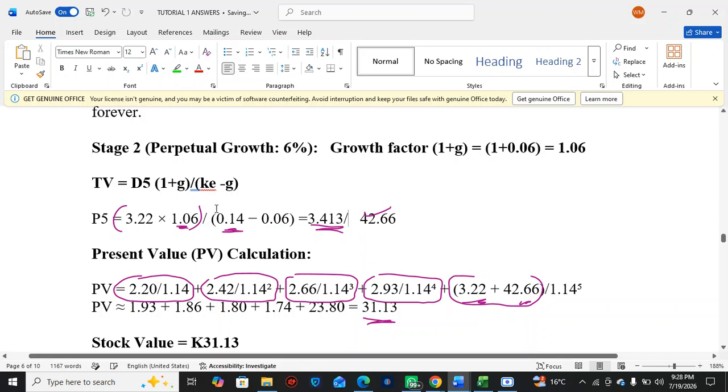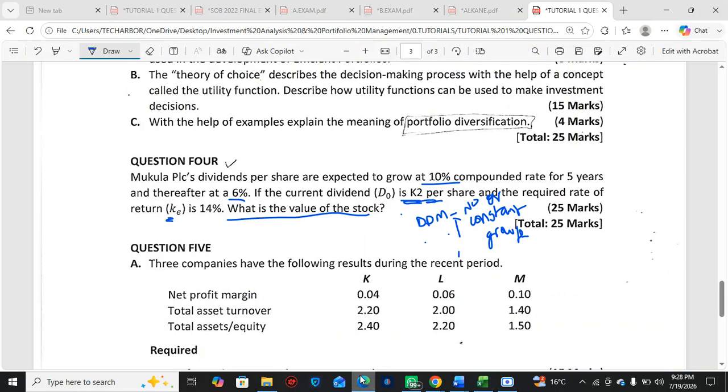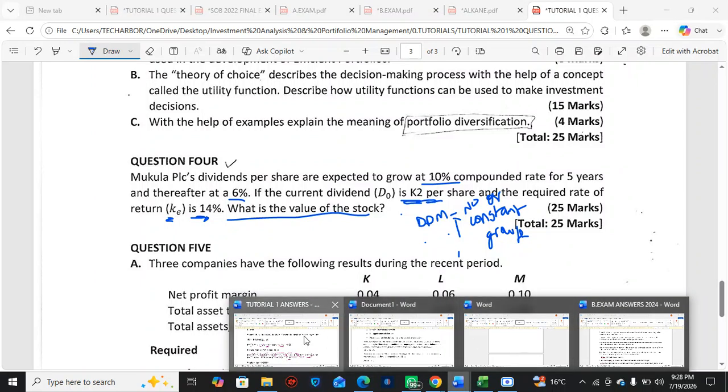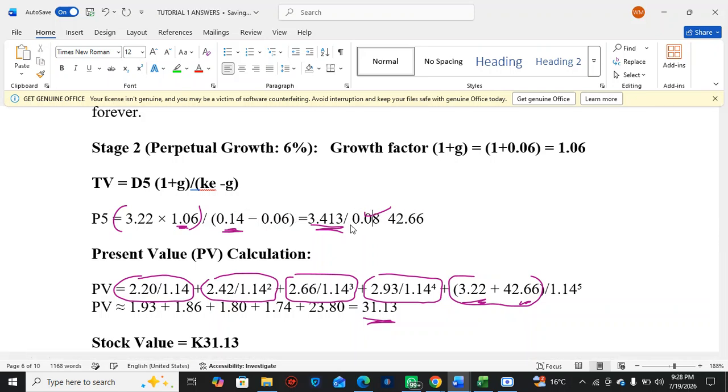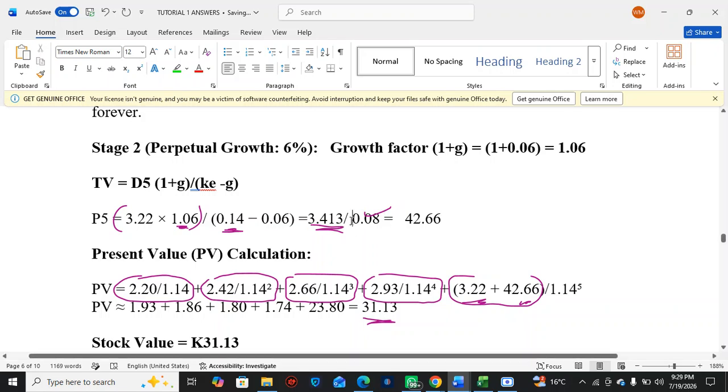Over the cost of equity. In the question, they told us here Ke is 14%, so that becomes 0.14, minus the growth rate, which is 6%. So 0.14 minus 0.06 is 0.08.